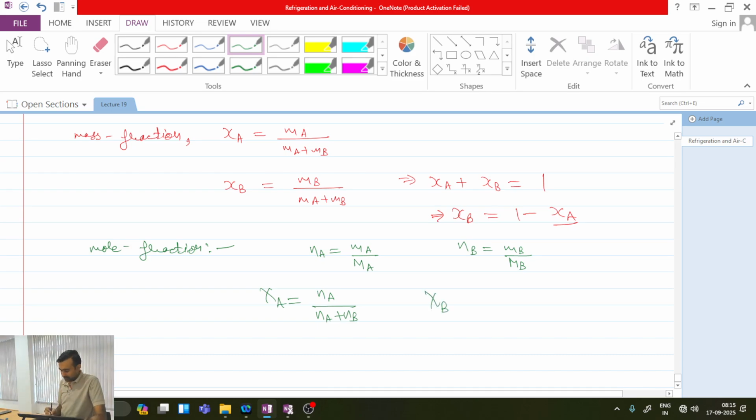Likewise chi B will be Nb divided by Na plus Nb, and I will be having chi A plus chi B equal to 1. Is this one clear? All agree to this point?